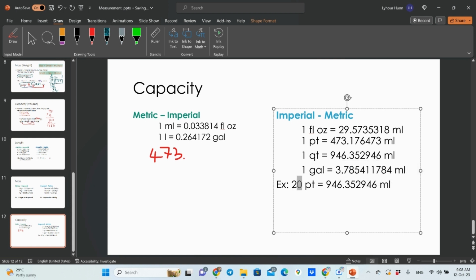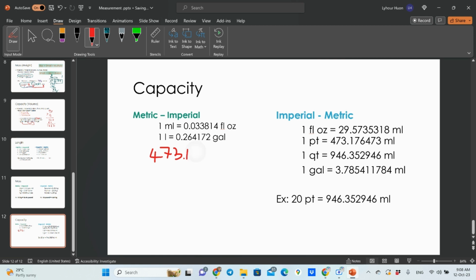This is 20, not 2, by the way. This is 20. Okay, so it's decimal. When you multiply here, 0.473176 multiplied by 20.